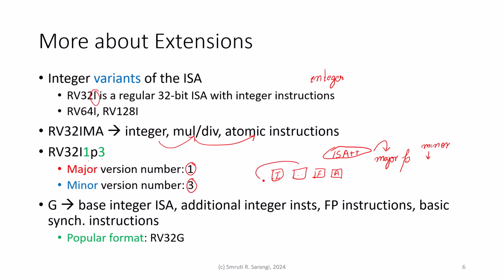So you take a bunch of these extensions and you group them and you create a master extension G. So RV32G thus becomes the most popular format for a large number of processors, where G is not one extension, but rather it is a collection of many different extensions. So it is a collection of the integer instruction extension, the floating point instructions, atomic synchronization instructions, and so on and so forth.